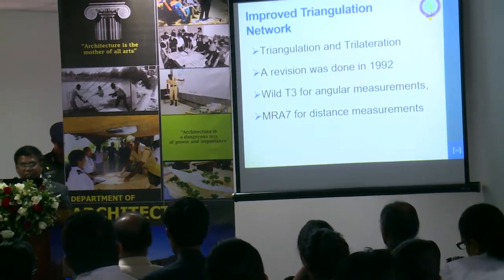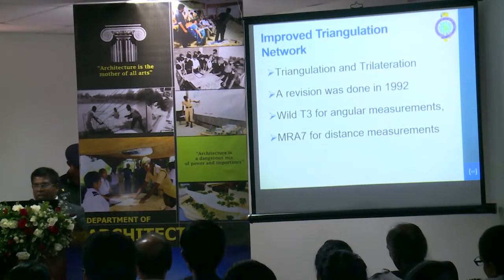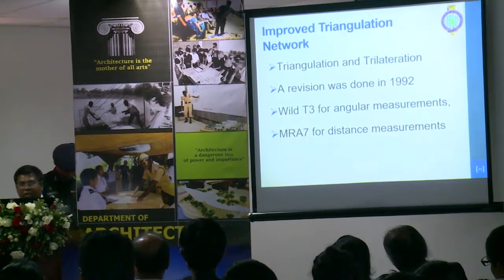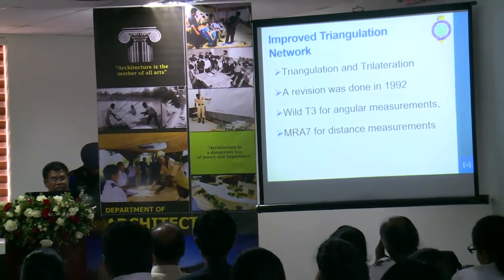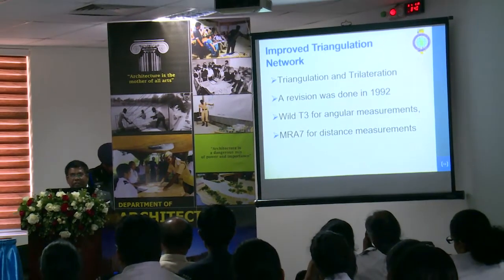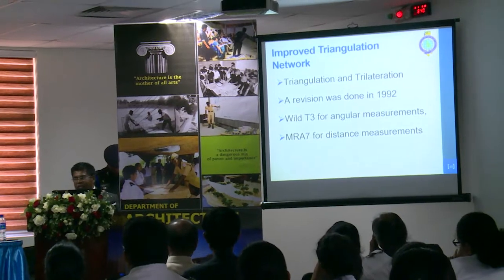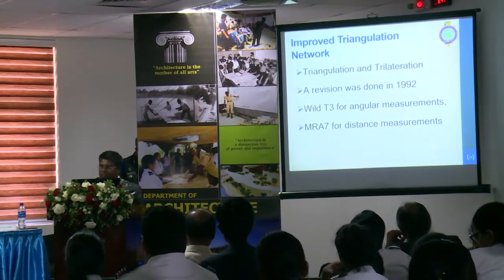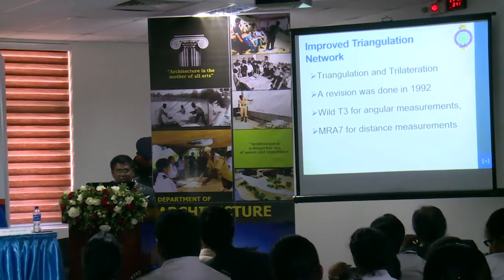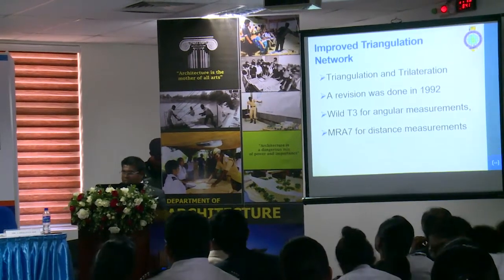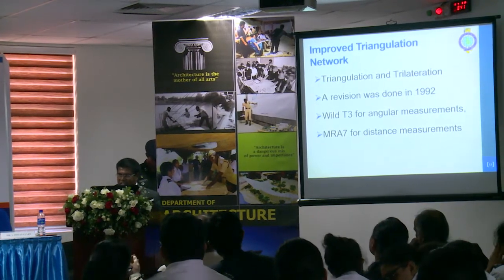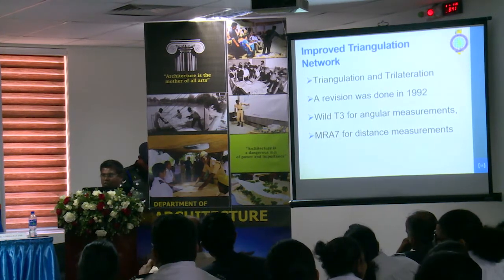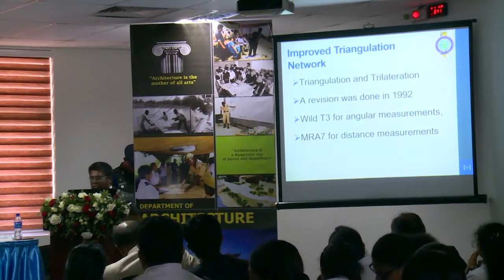Then after 1992, with the development of the technology, we improved the same network by replacing the destroyed points. We measured angular measurements and the distances. In the history, the first triangulation was only angular measurements, with only two baselines measured.